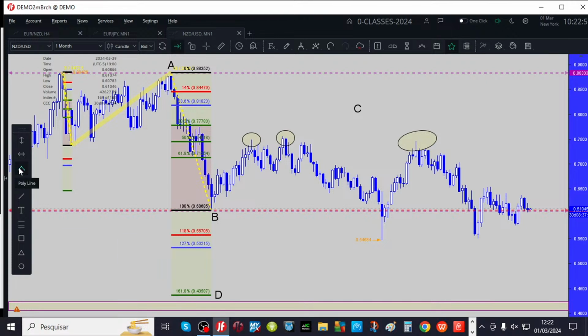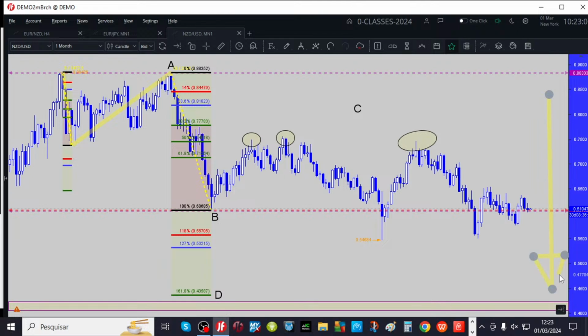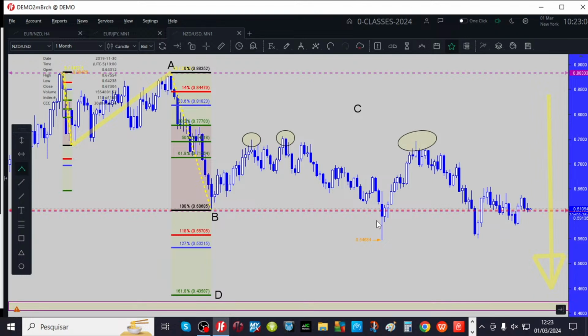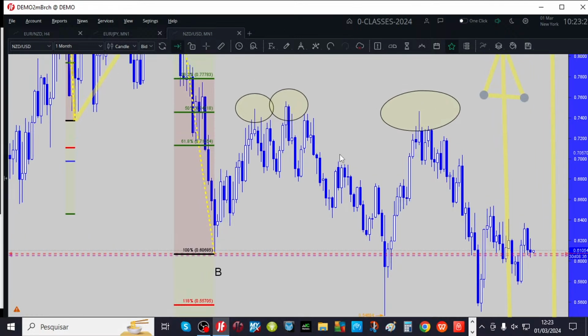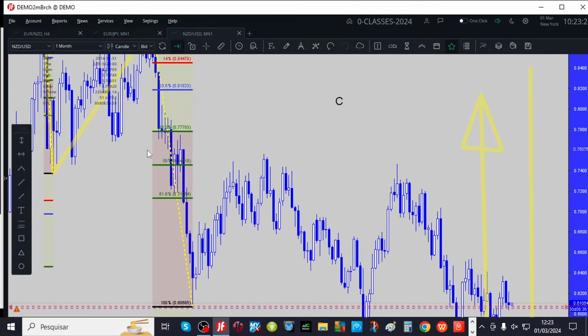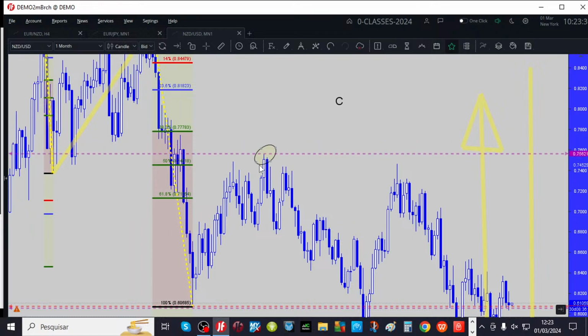Is NZD USD on the monthly chart long term going to fall, or is NZD USD long term going to go up? Because the original Fibonacci is going to determine trend direction. You don't know, so you delete, horizontal line, it's one of the tricks. That's the C, the second circle was the C.